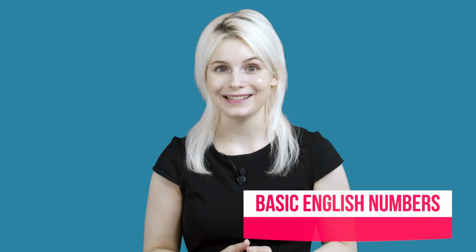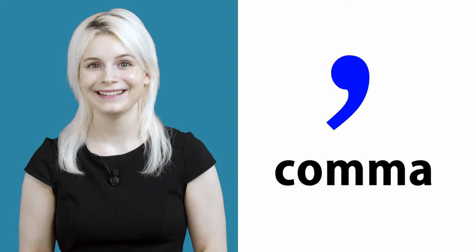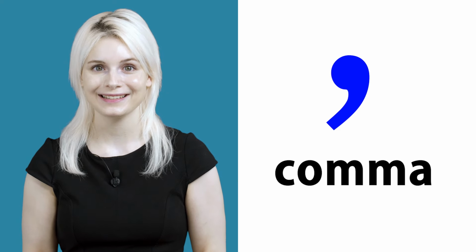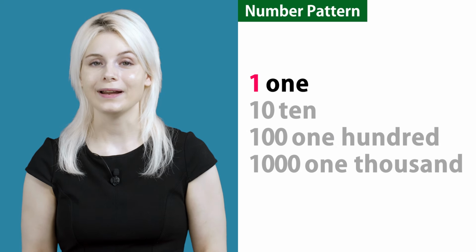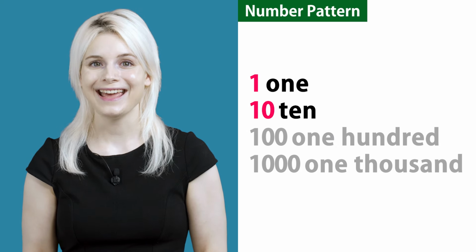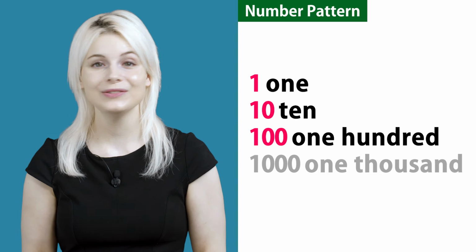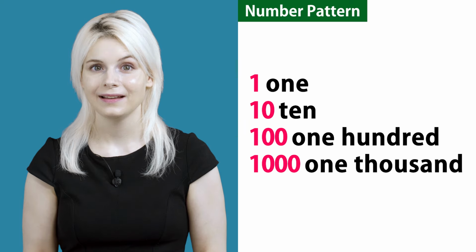Now, as we get into very large numbers, it is essential to teach you the importance of commas when trying to read a number. This is a comma. Commas help us express large English numbers. Let's look at these numbers. 1, 10, 100. These do not need a comma. 1,000.